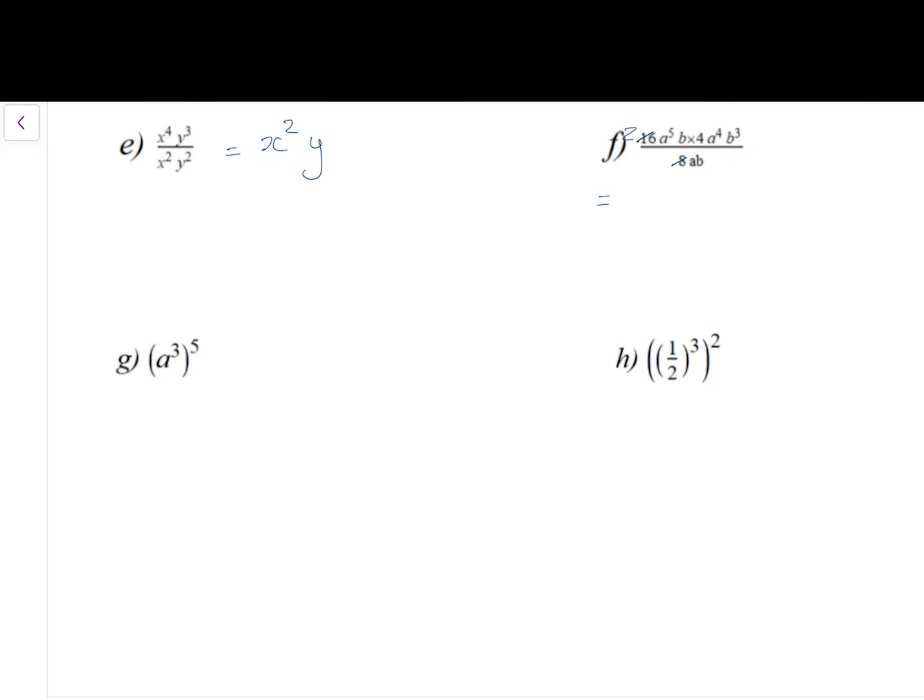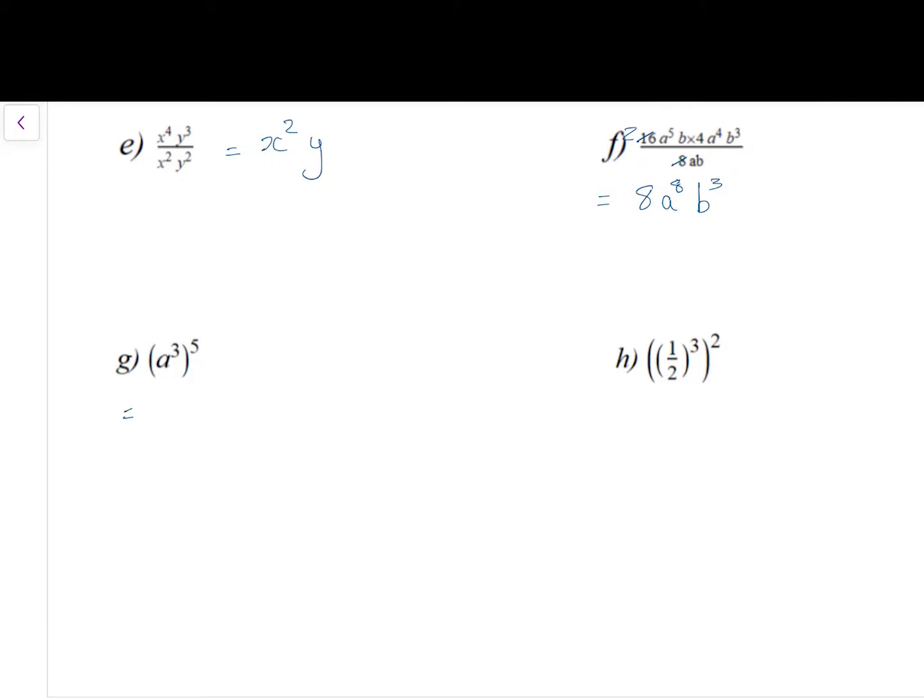So we can simplify this: 2 times 4 is 8, a to the power of 5 plus 4 is 9, minus 1, 8, b, 1 plus 3 is 4, 4 minus 1, 3.